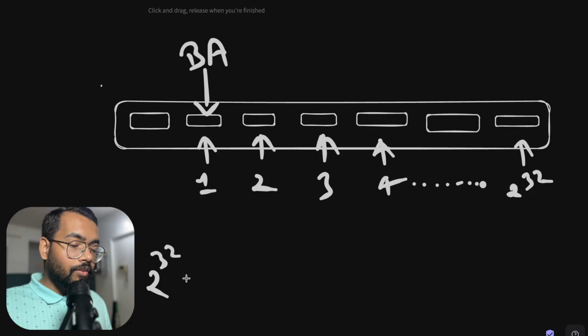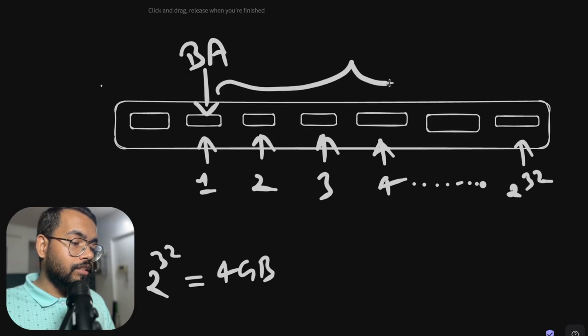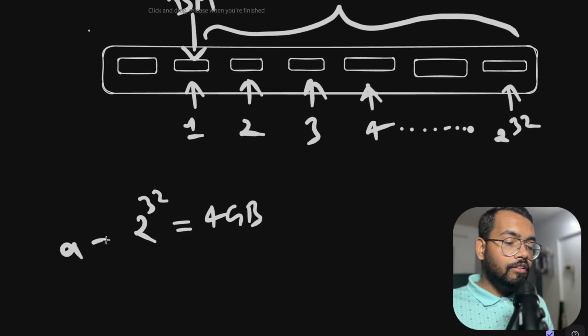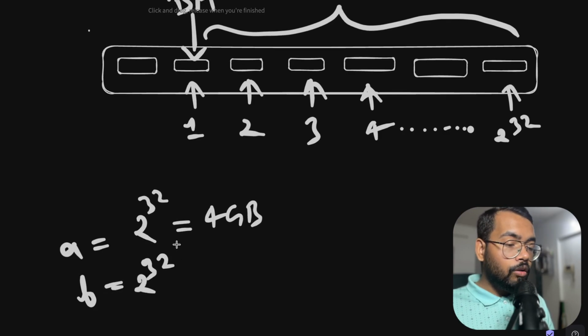And 2 raised to the power 32 roughly translates to 4 gigabytes. That is why we can only allocate 4 gigabytes worth of bits to our program. Because if we have a pointer A storing the maximum value, and a pointer B also storing the 2 raised to the power 32 maximum value, what do you think will happen?